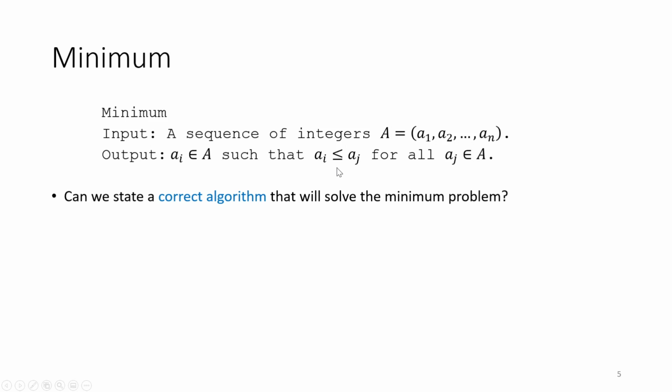And that's almost made very clear in our problem statement here. If we're going to find the one that is less than or equal to all the other ones, then we have to do that by doing these comparisons. At least the obvious way that comes to mind is that we might have to do comparisons.